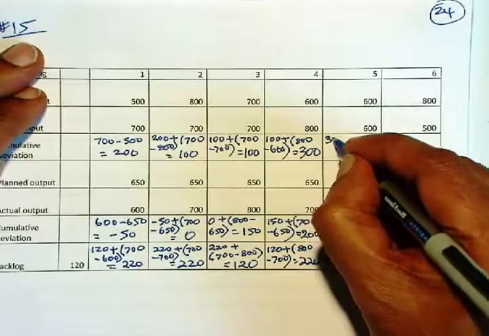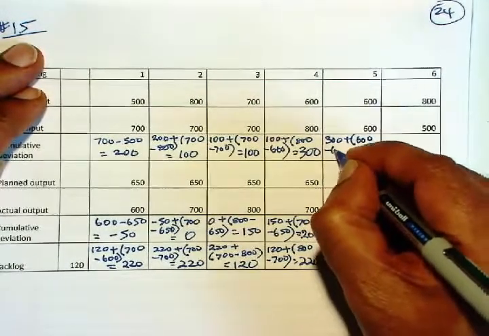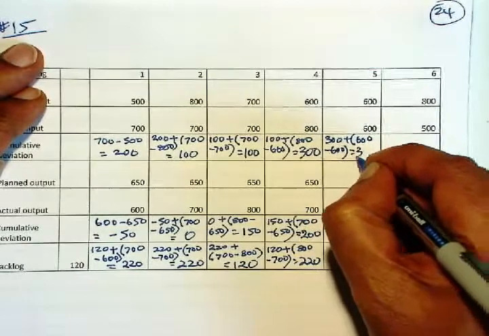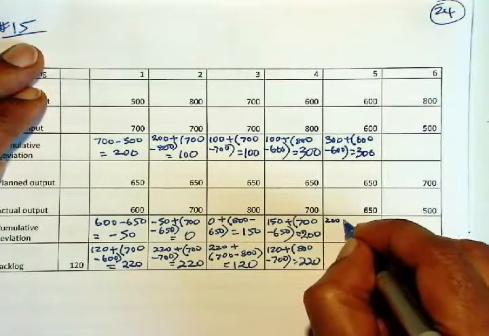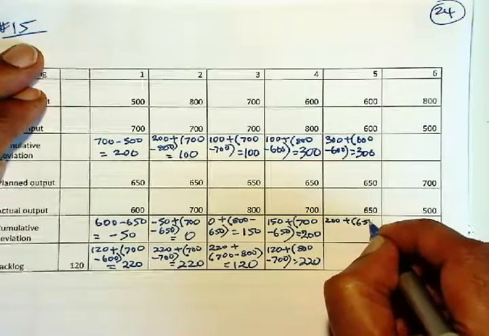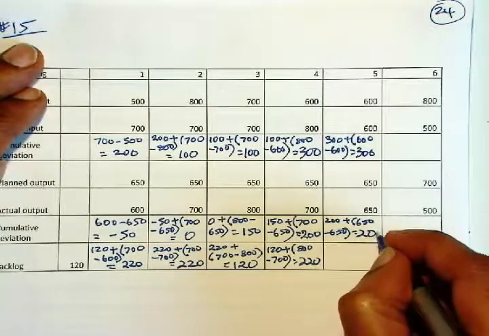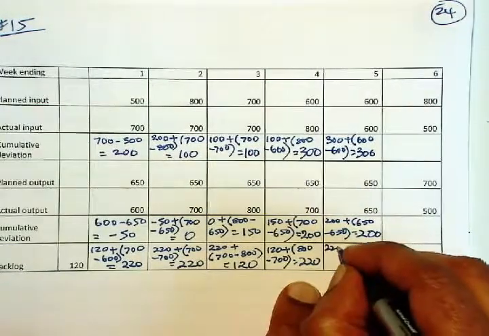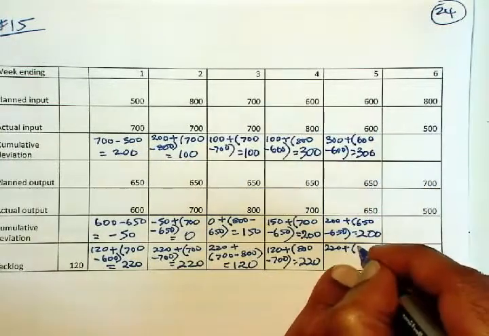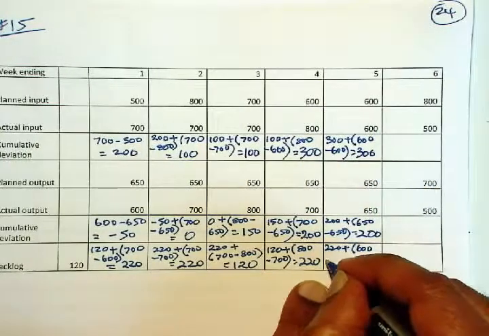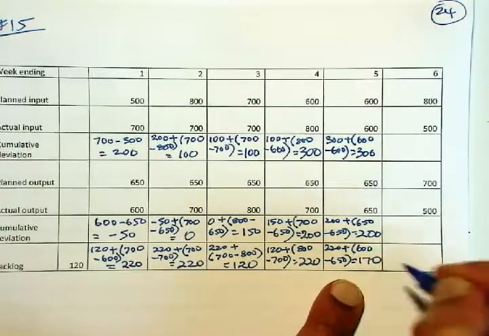It will be 300 plus 600 minus 600, so no change. Here again is 200 plus 650 minus 650, no change. And here it is 220 plus actual input minus actual output will give you 170.